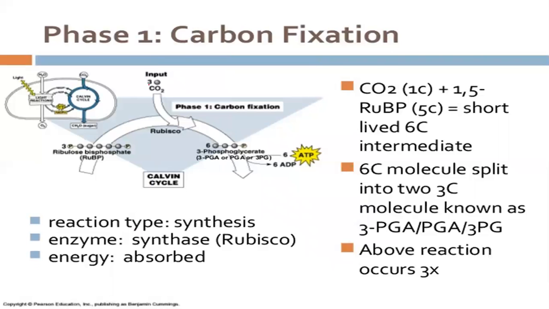So first we will see here three molecules of carbon dioxide and 3 molecules of ribulose bisphosphate, RuBP, in the presence of rubisco, ribulose bisphosphate carboxylase or oxygenase. Its name is given because this reaction is very temperature sensitive.